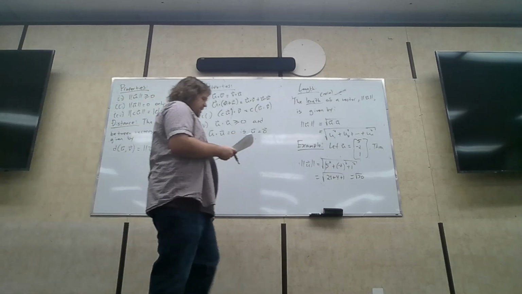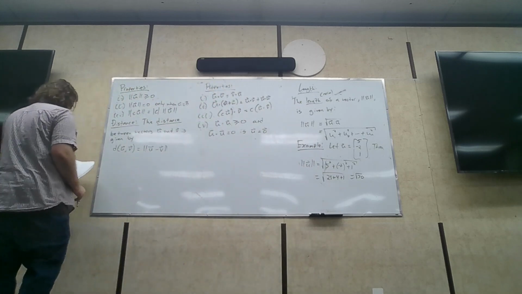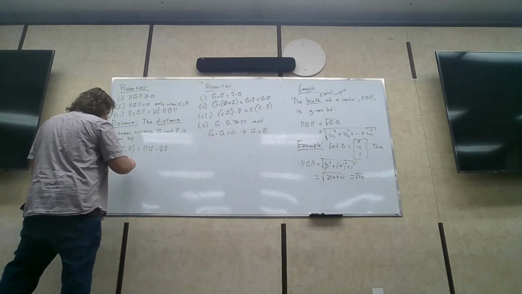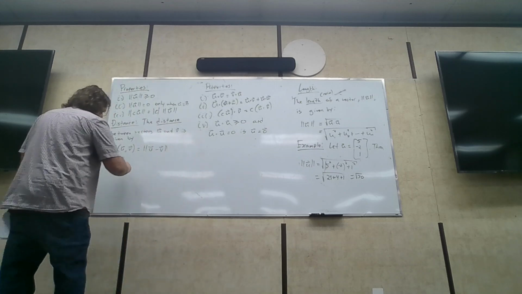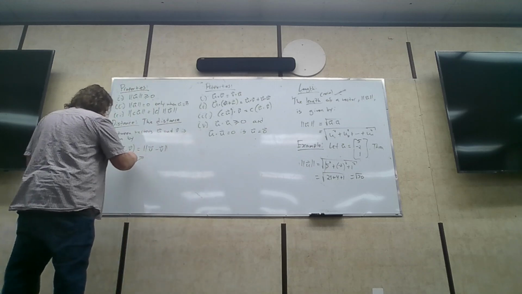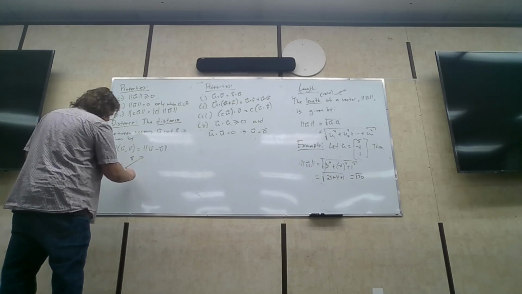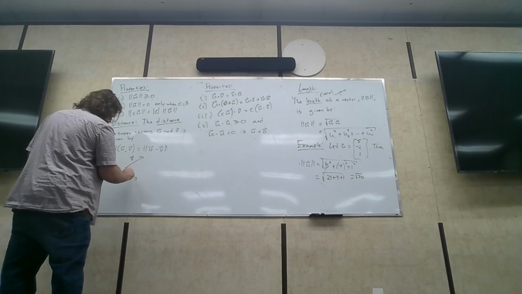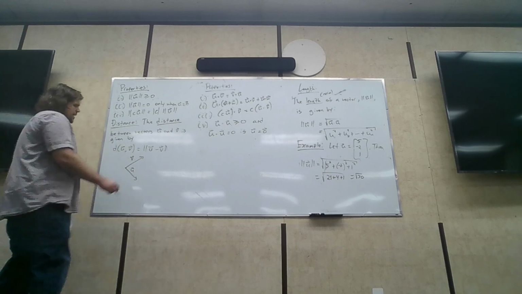So if we think about it, let's draw a picture. So we've got this v, and then we've got some vector u, right? So what is u minus v?